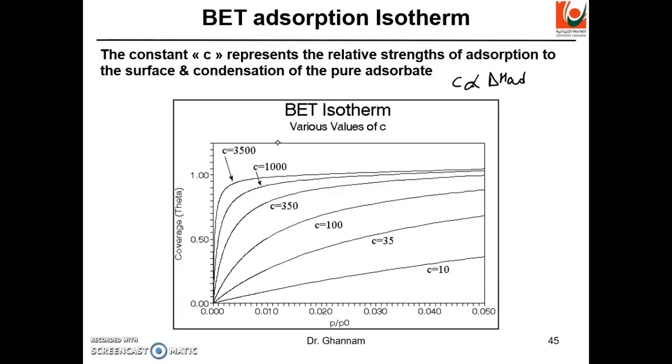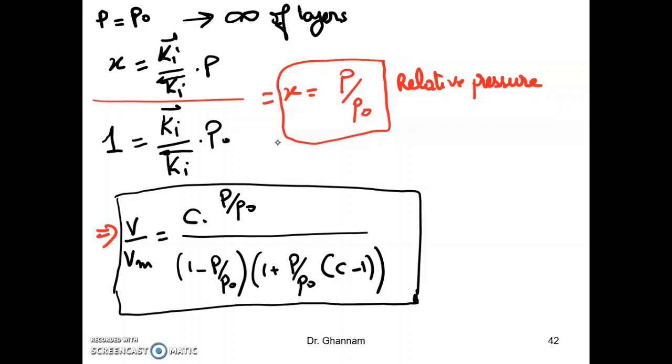From this isotherm, we need to determine the value of C and the value of Vm, and as drawing V over Vm as a function of P over P0 is not linear, we have to rearrange this formula to have a linear variation.